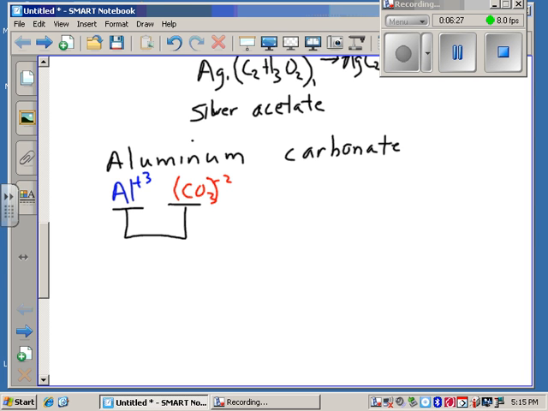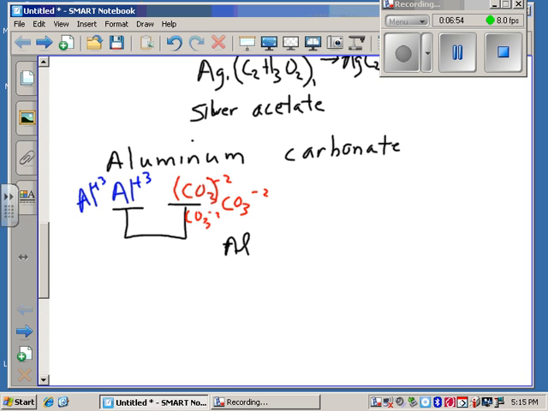The whole thing acts like a -2. This is one of those that you can see the common denominator necessary, so I'm going to need another CO3 -2 on this side and another CO3 -2 on this side. And the aluminum, going to just need another Al +3 over here. Brings us to a +6 on the left, a -6 on the right. We're all balanced out, so we're going to write our formula.